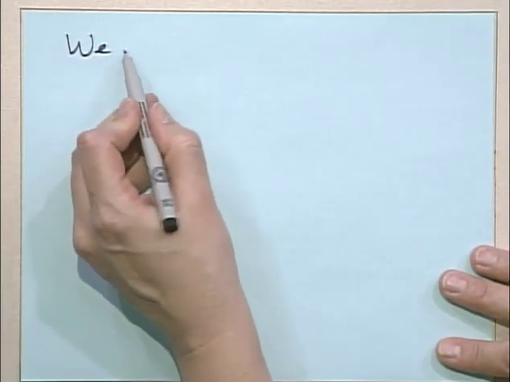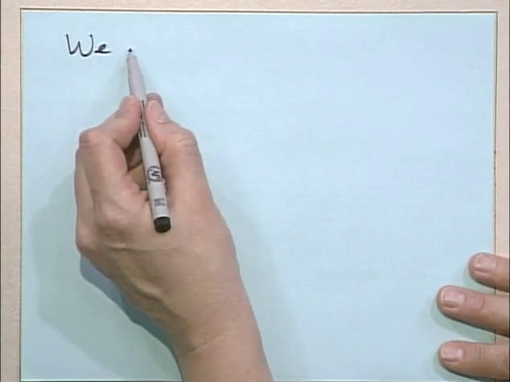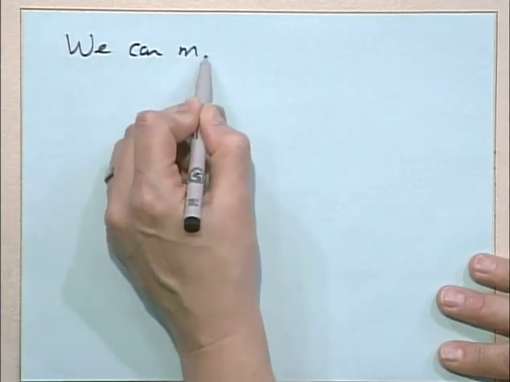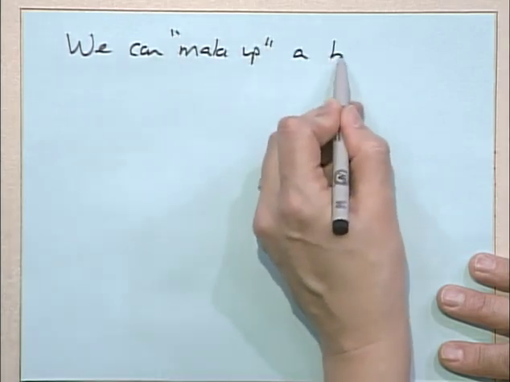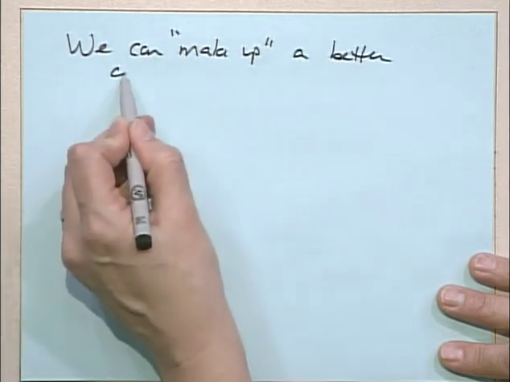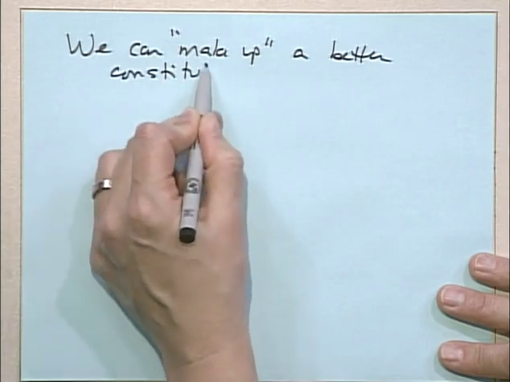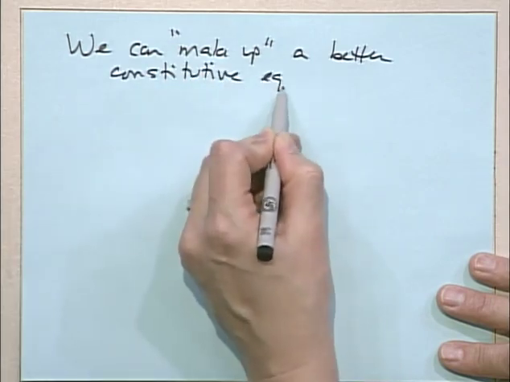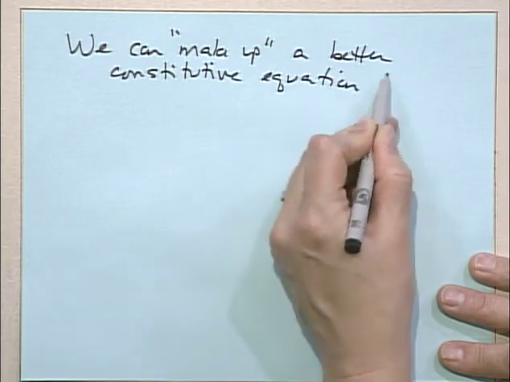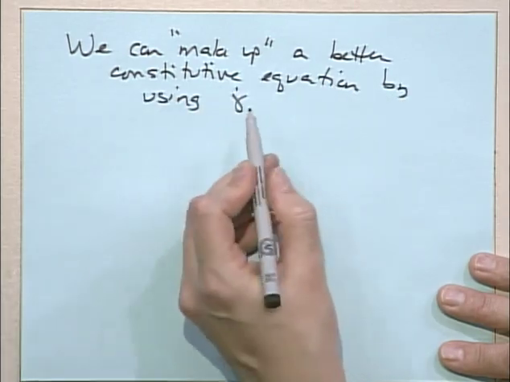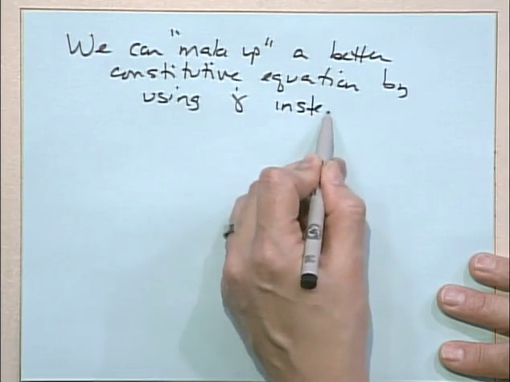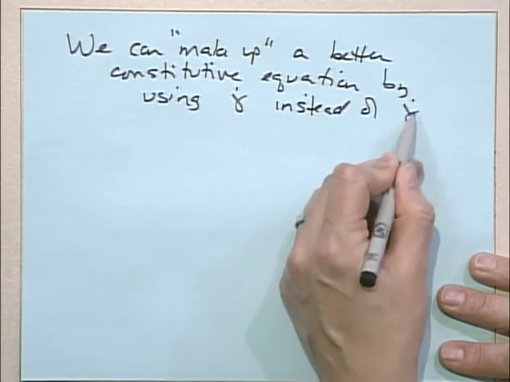So I'll summarize this discussion by saying we can make up a better constitutive equation by using gamma dot instead of gamma dot naught.